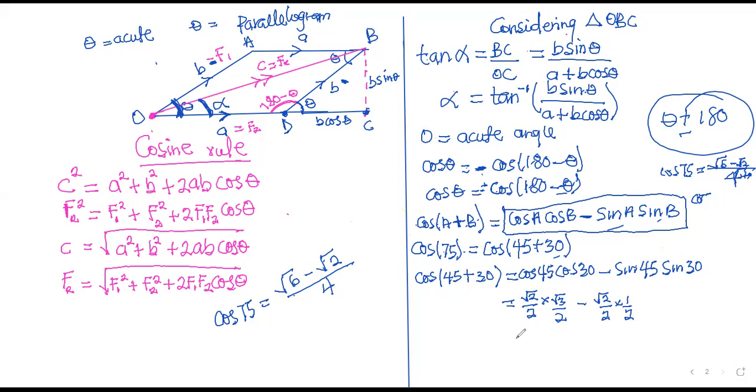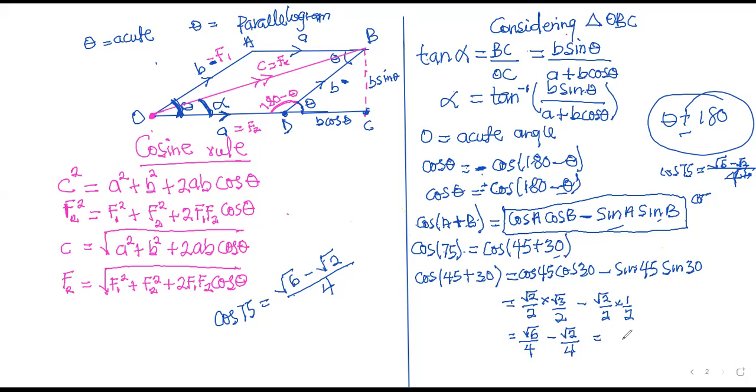Confirmed. Yes. Let's multiply. Root 2 times root 3 is equal to root 6, divided by 4, minus numerator times numerator, we have root 2, divided by denominator 4.